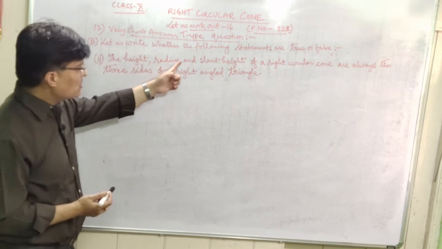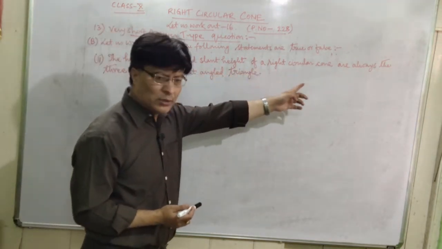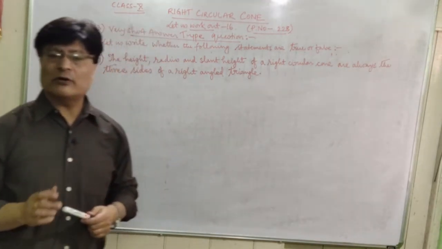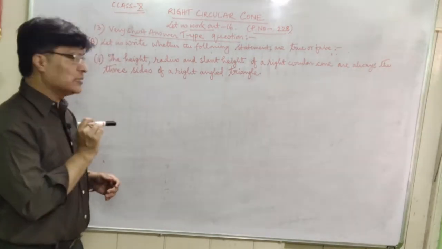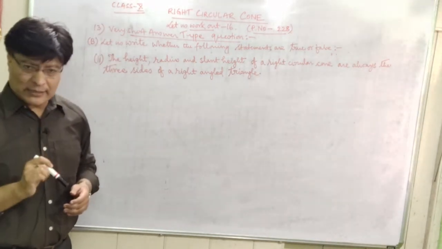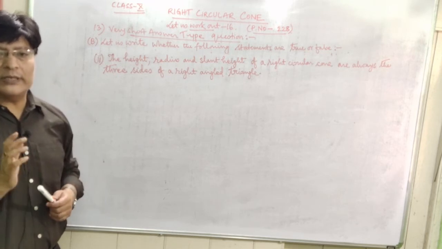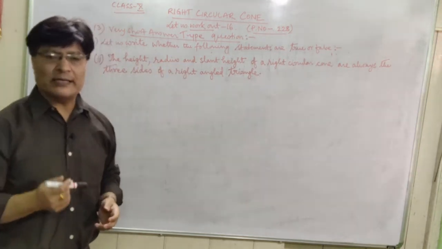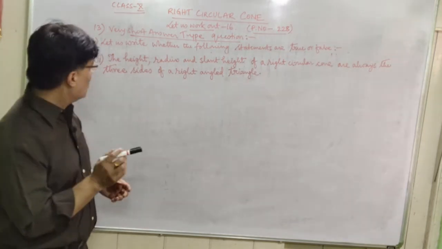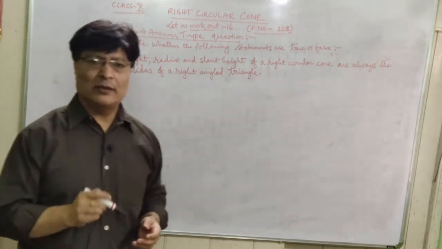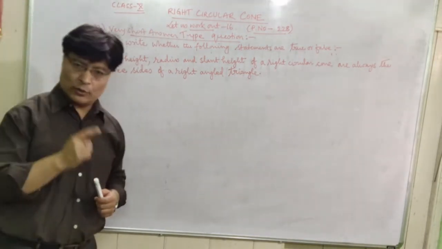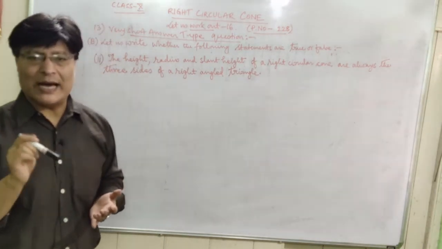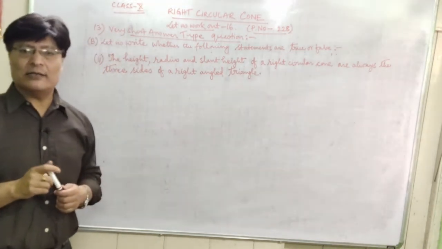The height, radius and slant height of a right circular cone are always the 3 sides of a right angle triangle.